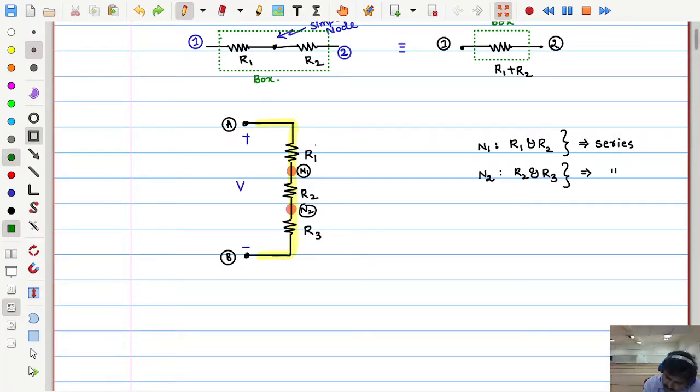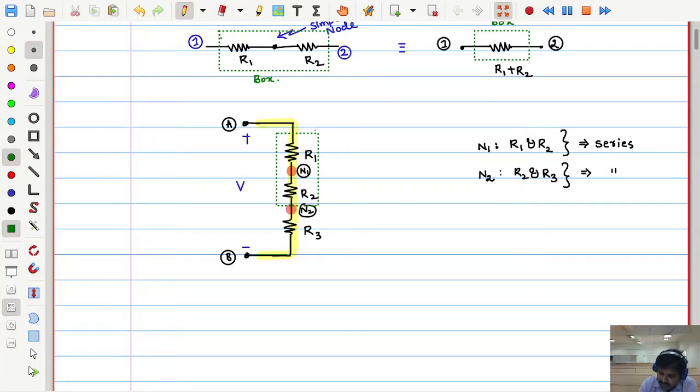First, I will try to assume these two elements are in series, because we have seen that in between there is a simple node. As it is a simple node, I can say these elements are connected in series. So first we are grouping these two.